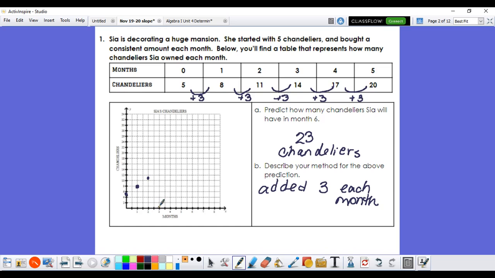And after 3 months, she had 14. And after 4 months, we were up to 17. And after 5 months, up to 20. Now I can draw a line through this.